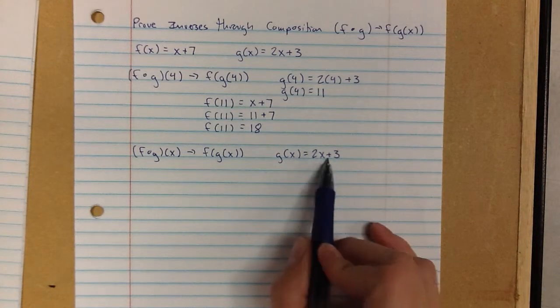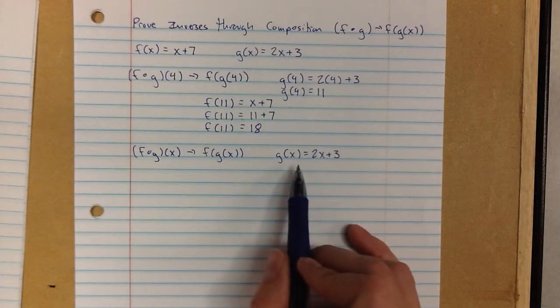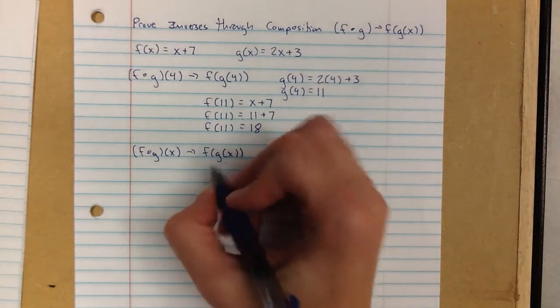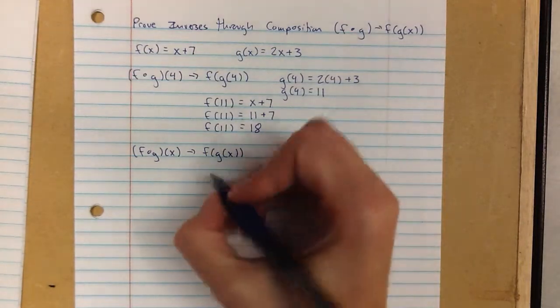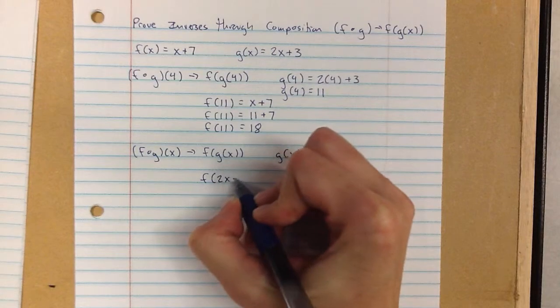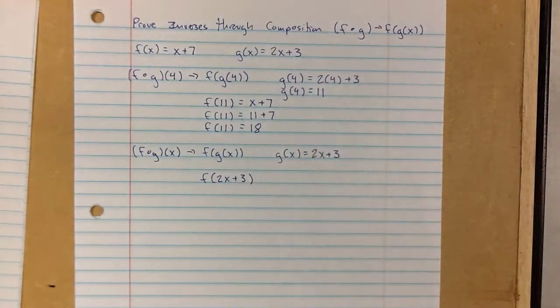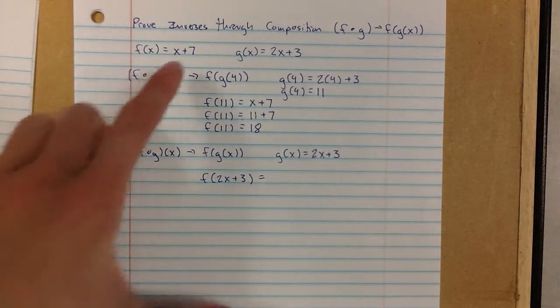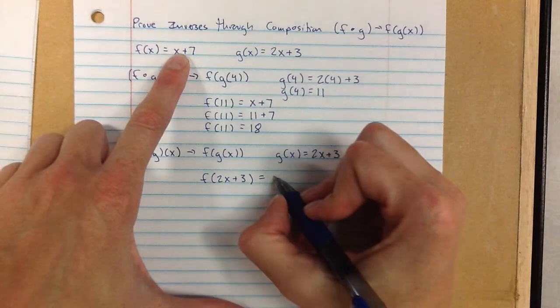Because g of x and 2x plus 3 are the same thing, I now have f of 2x plus 3. F of x, or my original up here, was x plus 7.